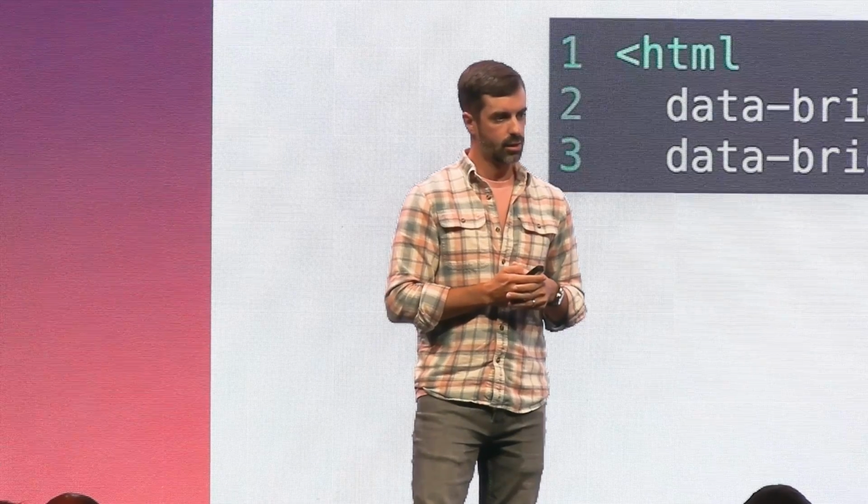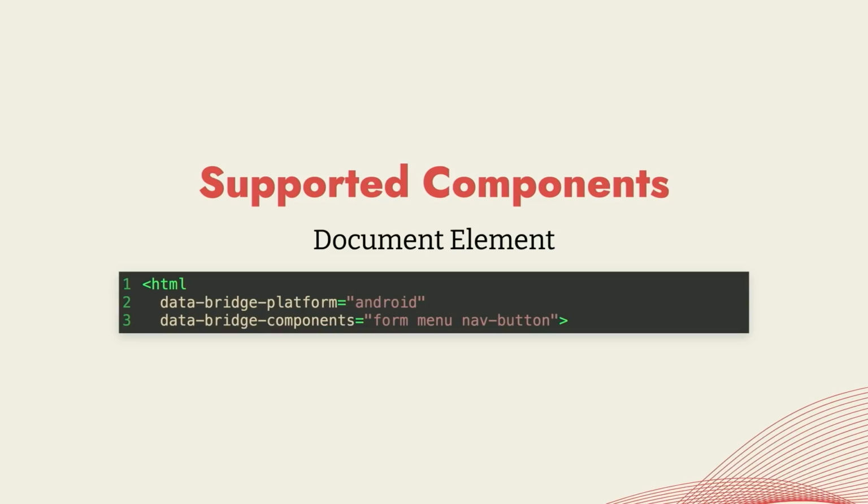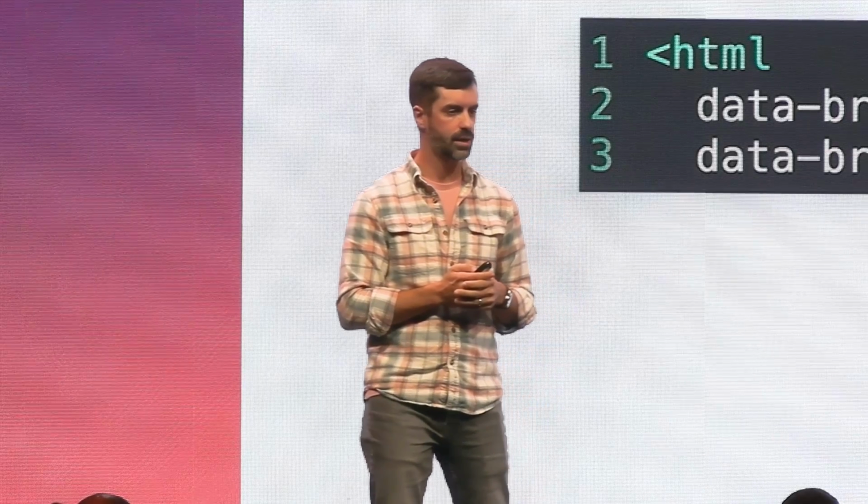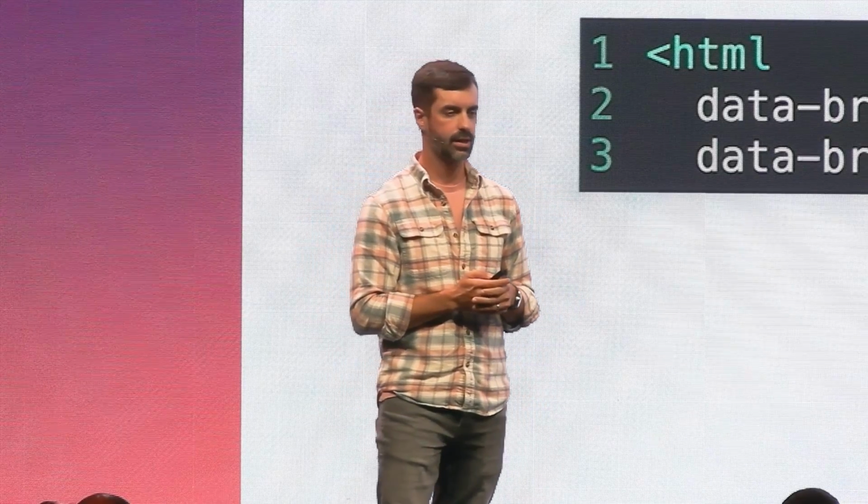One thing Strada does automatically for you is update your document element in your web app with both the platform being used for the Strada bridge and the supported components. That will always live on the document element, and the Strada web library takes care of that for you.